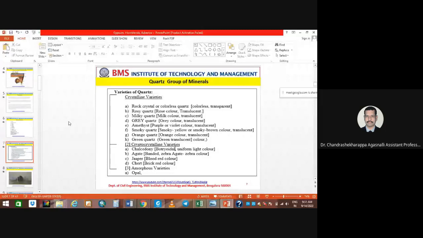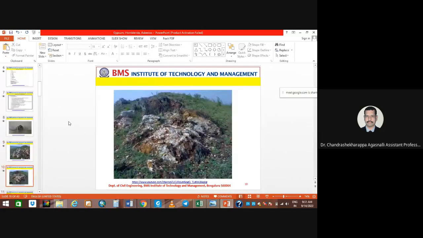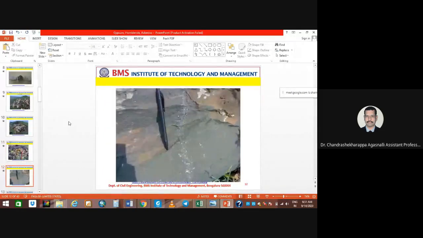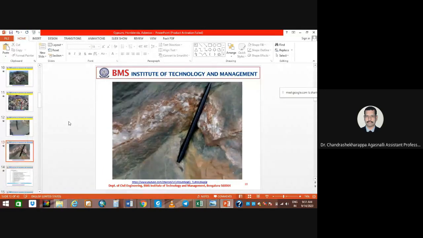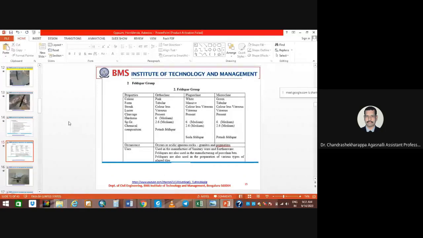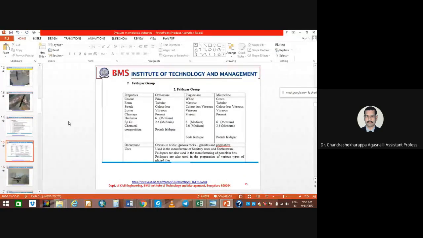So we discussed these things and varieties of quartz. Okay, and the quartz, where it is available, how it is available. And this is a quartz vein, how it looks in the field, and varieties of quartz. And feldspars, we also discussed there. There are three minerals in the feldspar group: orthoclase, plagioclase, and microcline.